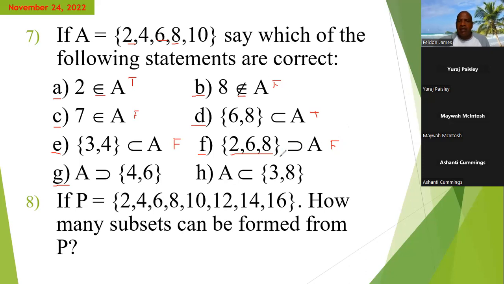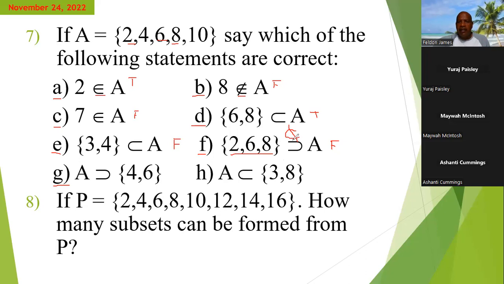We are reading the statement based on the meaning of the symbol, right? If it was saying "not a subset of," then the symbol would look like this, and then you could ask whether or not that is true or false. You're following, Miss Cummings?